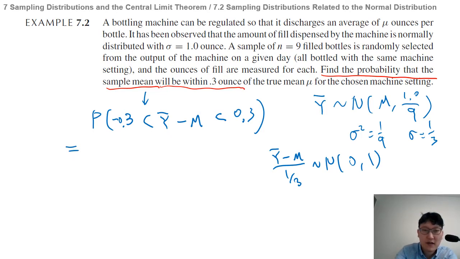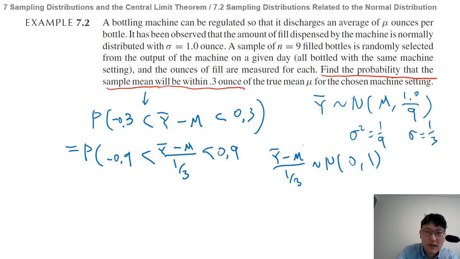To calculate this probability, for the inside part we convert by dividing by 1 over 3, which is multiplying by 3 on every side, giving minus 0.9 and 0.9.